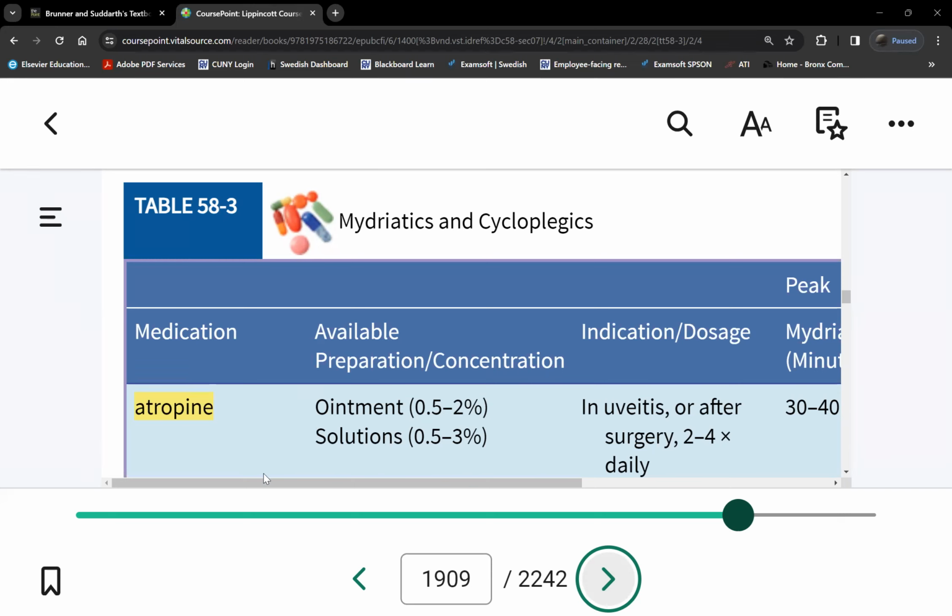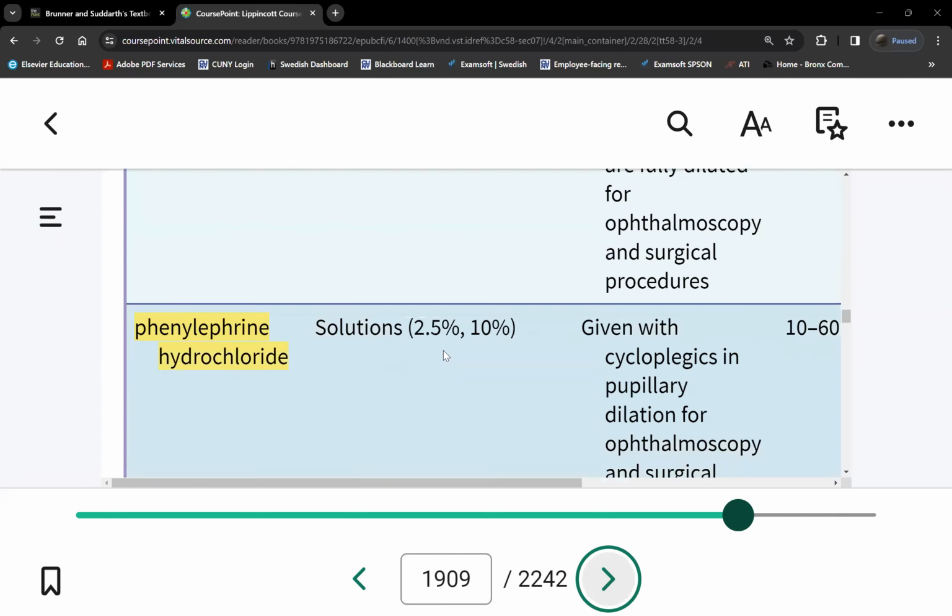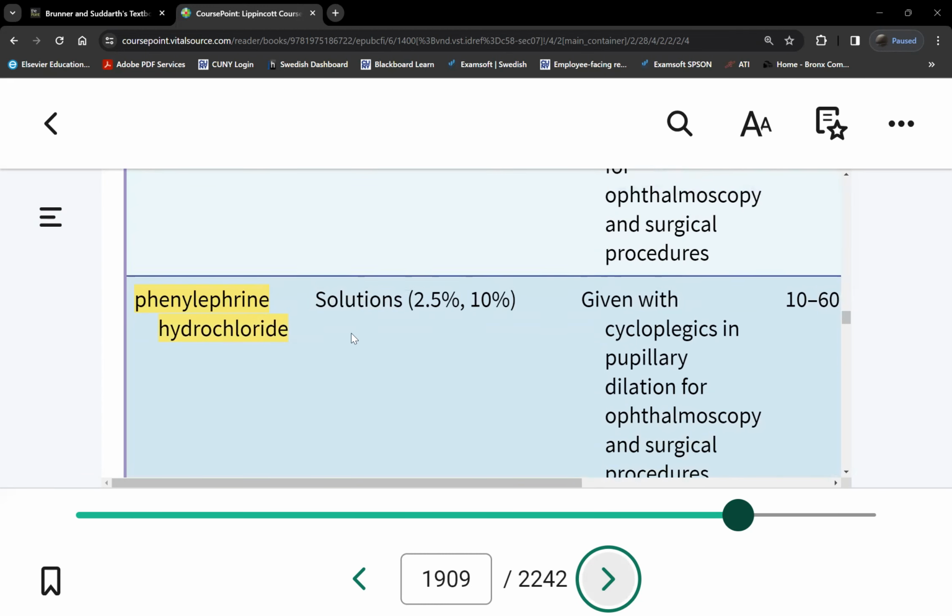For instance, the ones I highlighted here are atropine and phenylephrine.